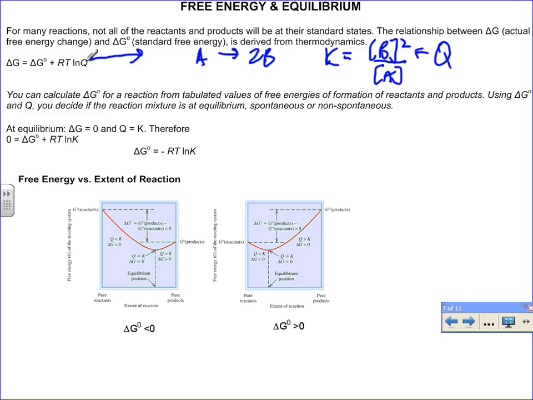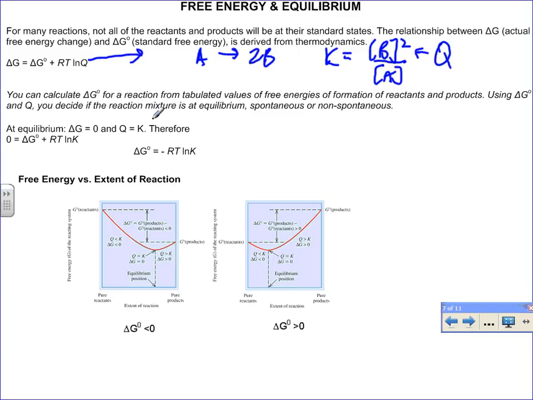Now, if you look at this, when we're at standard conditions where everything is 1, we would have ln of 1 here, and ln of 1 is 0, so that's why this term is 0 at standard conditions, and delta G is just equal to G naught.